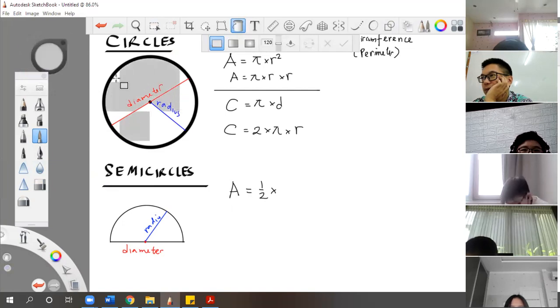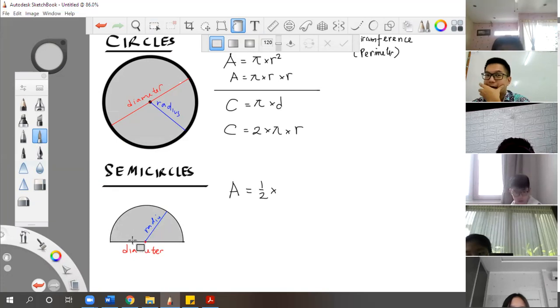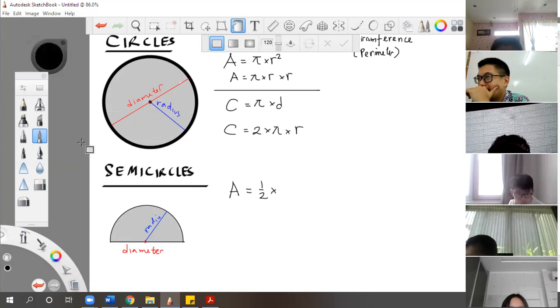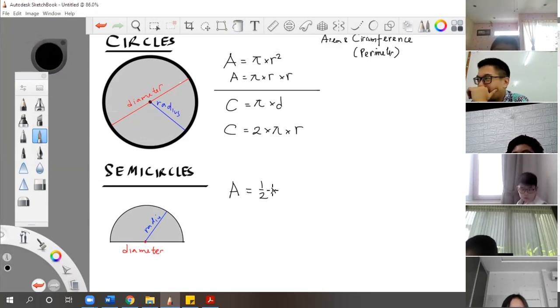Okay, and this will be the area. Okay, continue. So area is half times base times height, no, that is for a triangle. Half times pi times r squared.